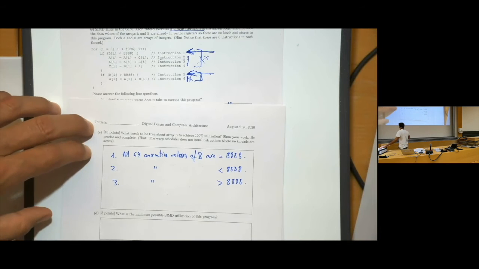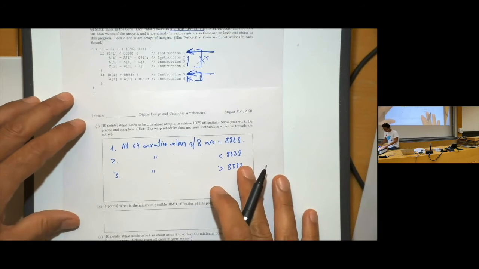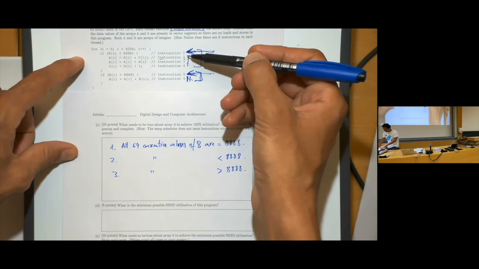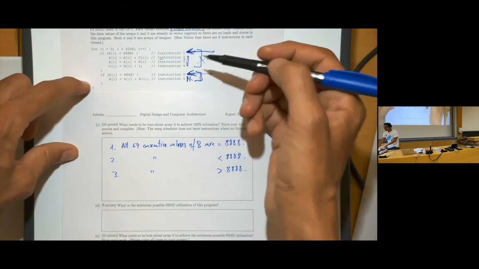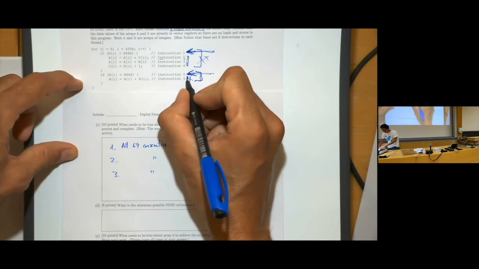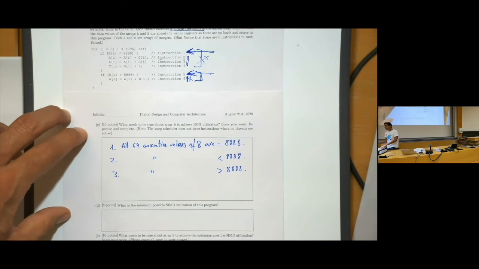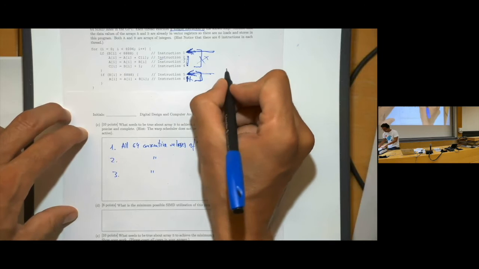So for the minimum, we are assuming that only one thread executes these 3 instructions, another one thread executes instruction 6, and the rest of the threads simply don't execute more instructions because their values are equal to 8,888.